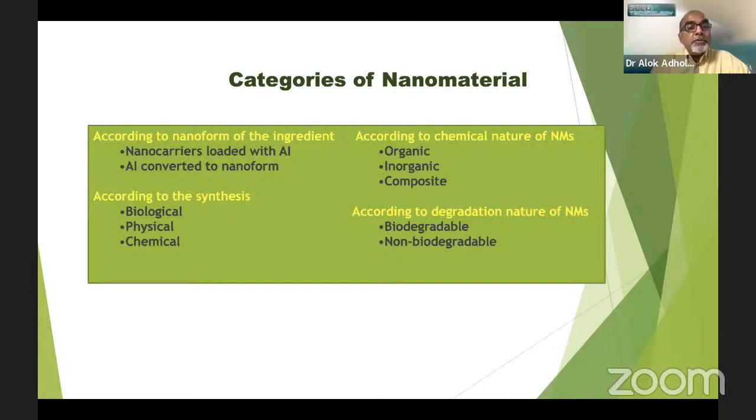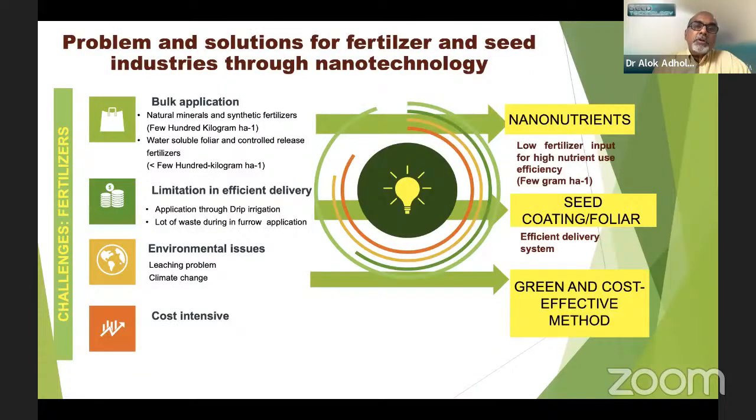And from the synthesis point of view, there are biological, physical, and chemical nanomaterials. And from the degradation point of view, there are two categories, biodegradable and non-biodegradable. So considering these categories of nanomaterials, the regulatory framework has been developed.